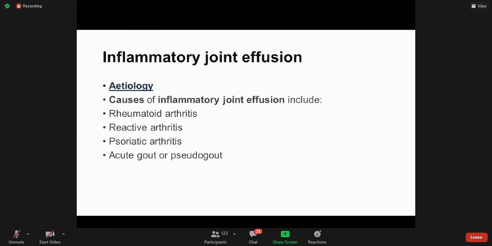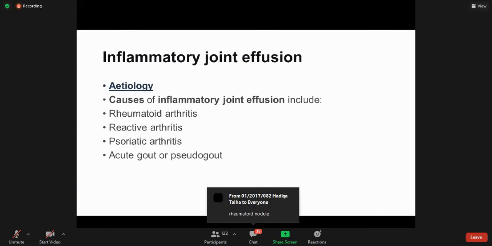Any one hallmark of rheumatoid arthritis? Can anybody tell me?